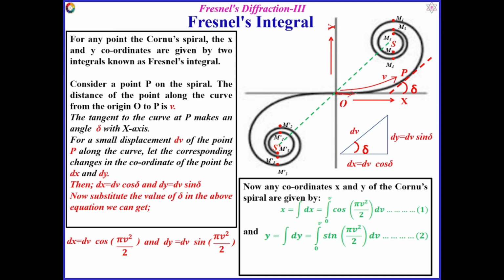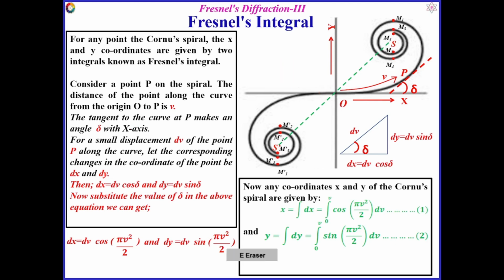This spiral is like this, and its x and y coordinates continuously change. So from O to this point, both the x and y values change. For dv distance, suppose the x and y coordinate changes are dx and dy.